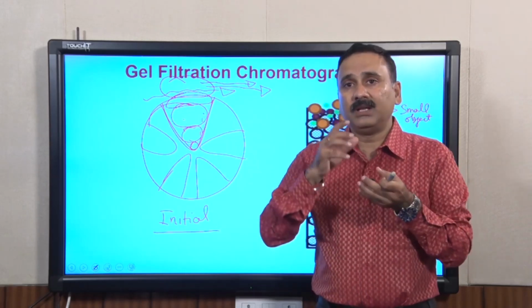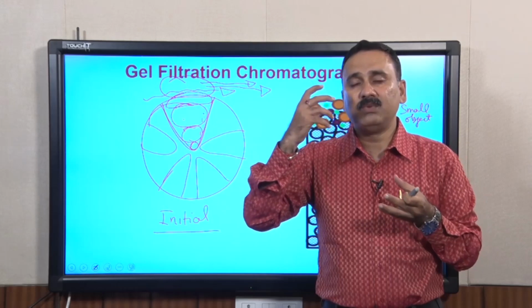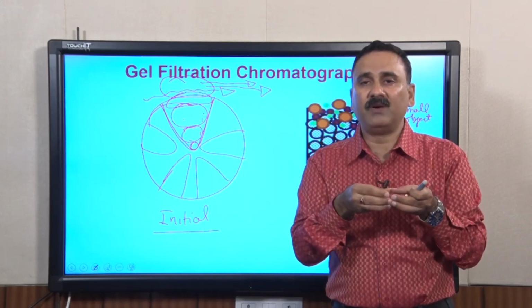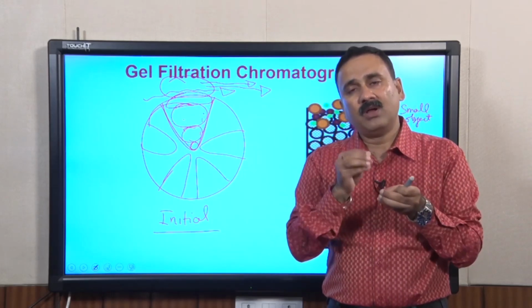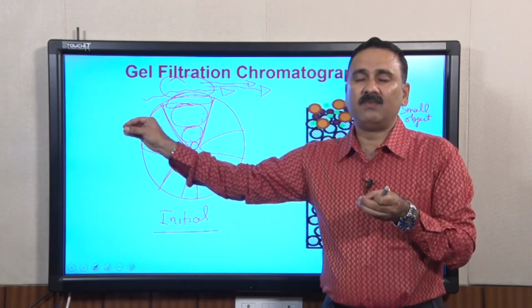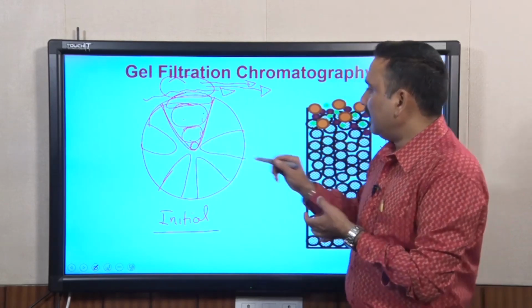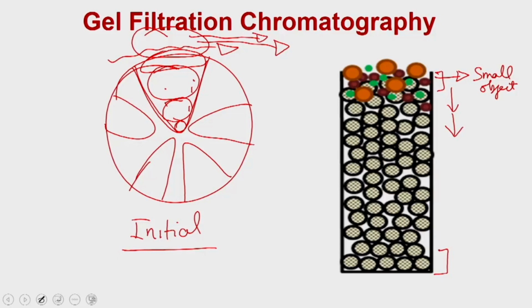That is why when the molecules are distributed from the buffer which is filled within the pore versus the aqueous environment which is present outside, in the first layer when the distribution occurs, the objects are going to be filled at the bottom of the pore.